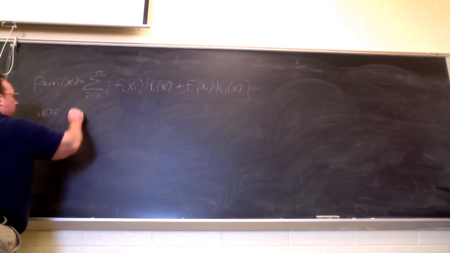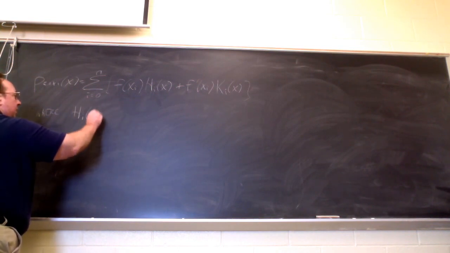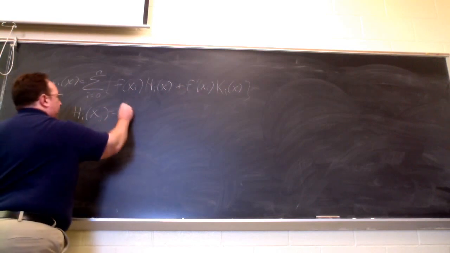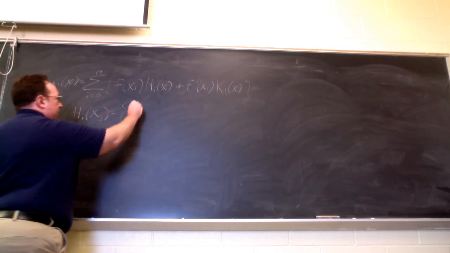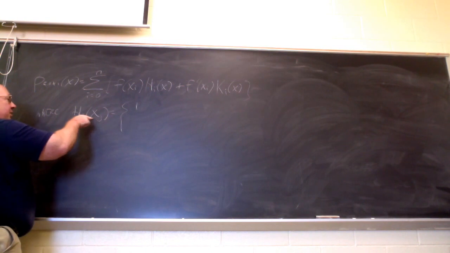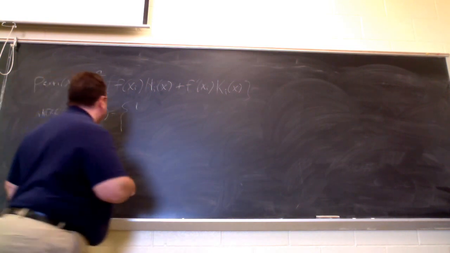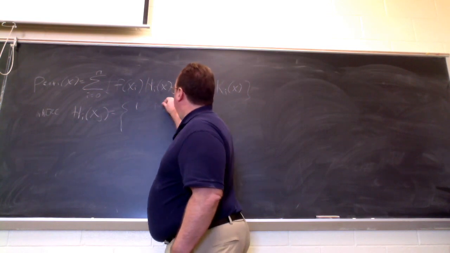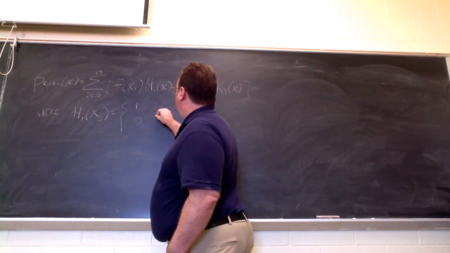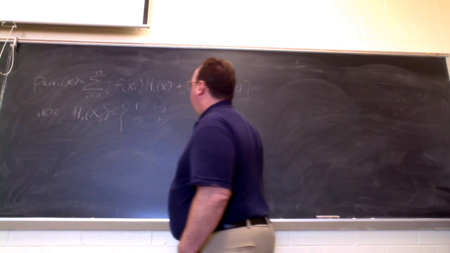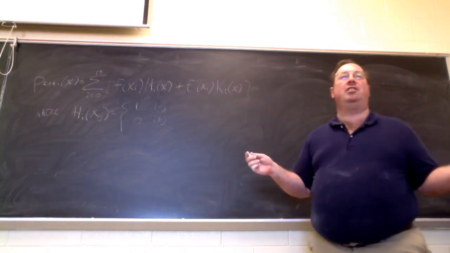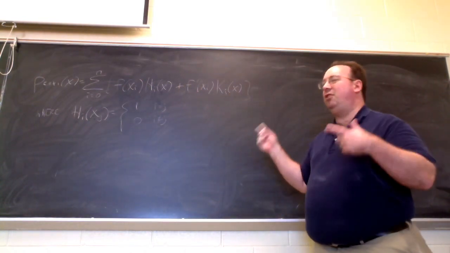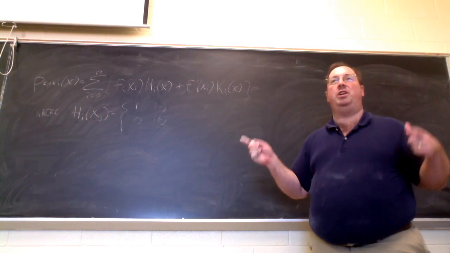These have to satisfy these conditions. The first conditions actually are Lagrange-like. If I plug an x value into an h, it must equal 1 if i equals j, and 0 otherwise. So you might be thinking, oh, that's Lagrange. Well, yes, those are the Lagrange conditions, but we need more.